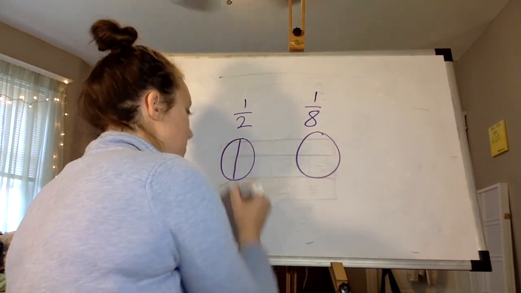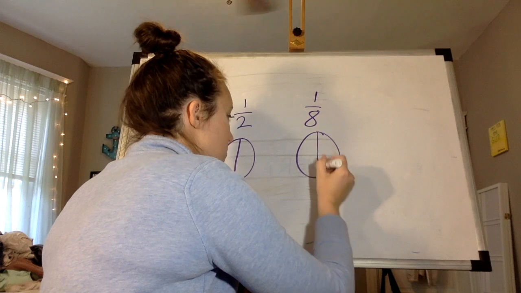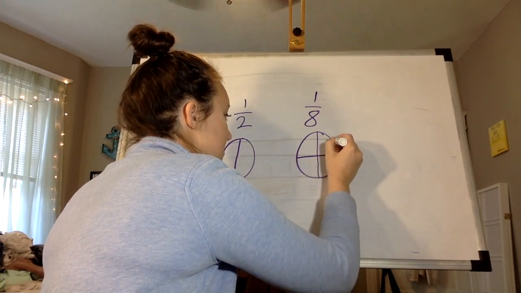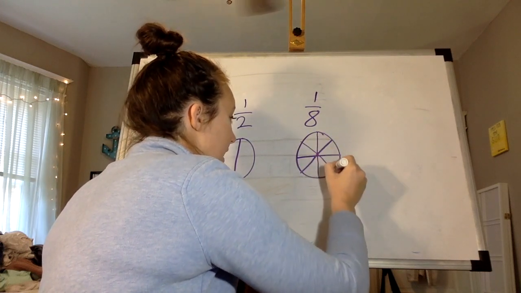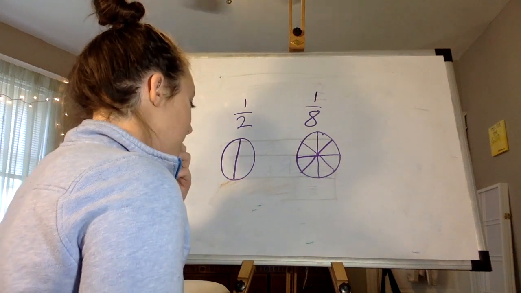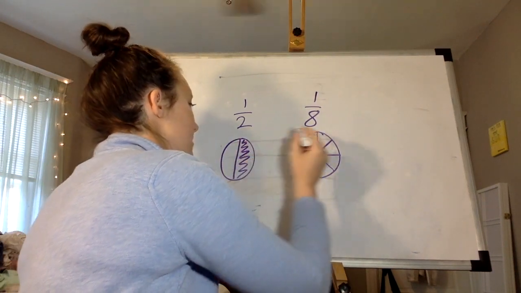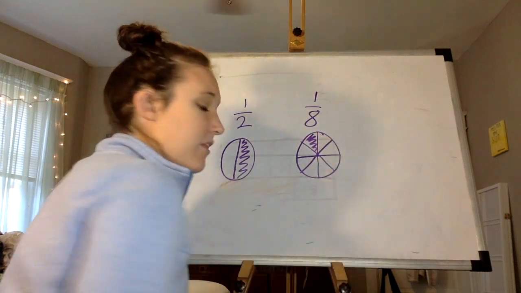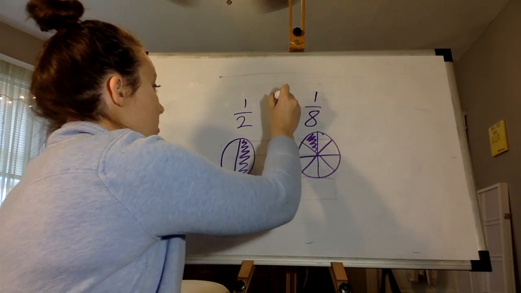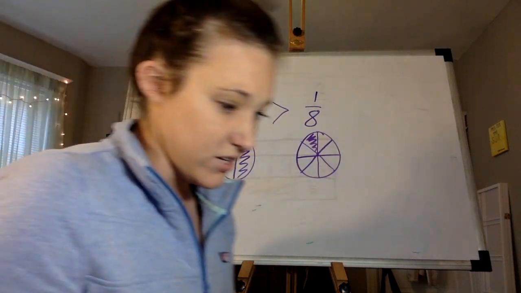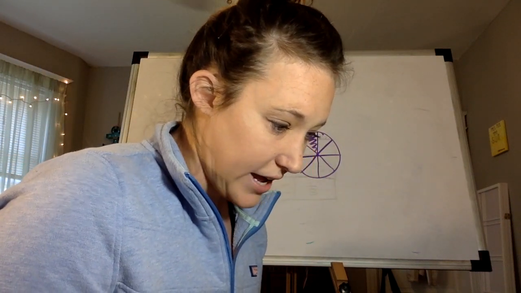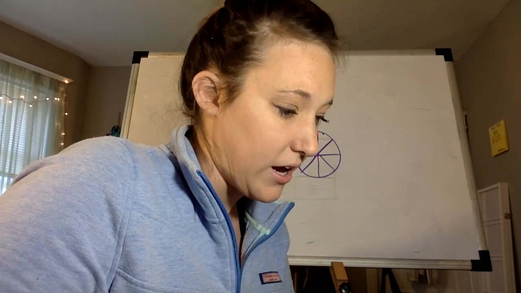This one is split in half. This one is going to be cut into 8 pieces. All right, let's shade 1/2 compared to 1/8. Which one's larger? 1/2 is larger, okay? So you're gonna have some of those that you need to compare.